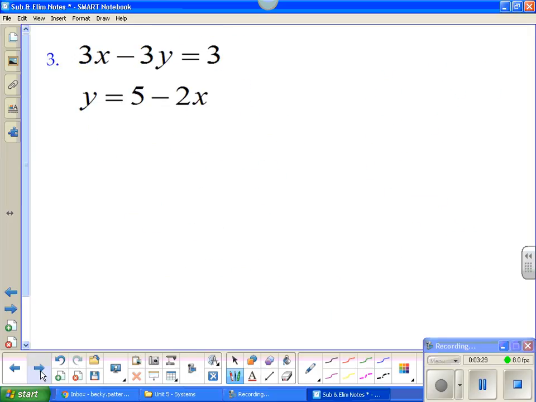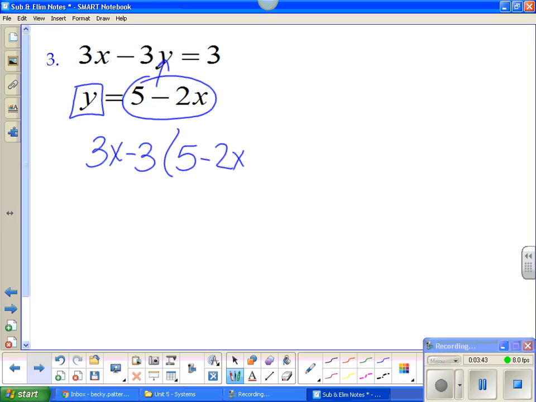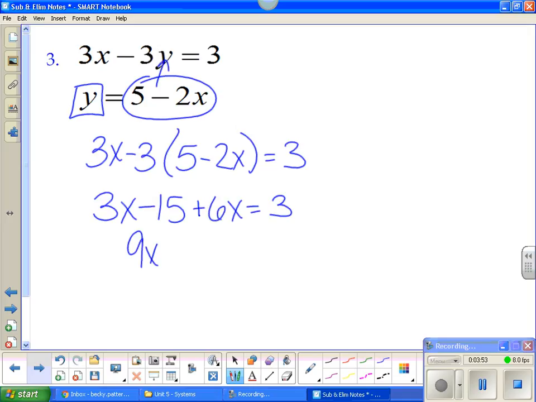Okay, number 3, again, this is substitution. This is my variable that's by itself. This is what he equals, so that's who we're going to substitute. So I'm going to find my y, and I'm going to put this in its place. So 3x minus 3, 5 minus 2x. And then 3x and the positive 6x is 9x.